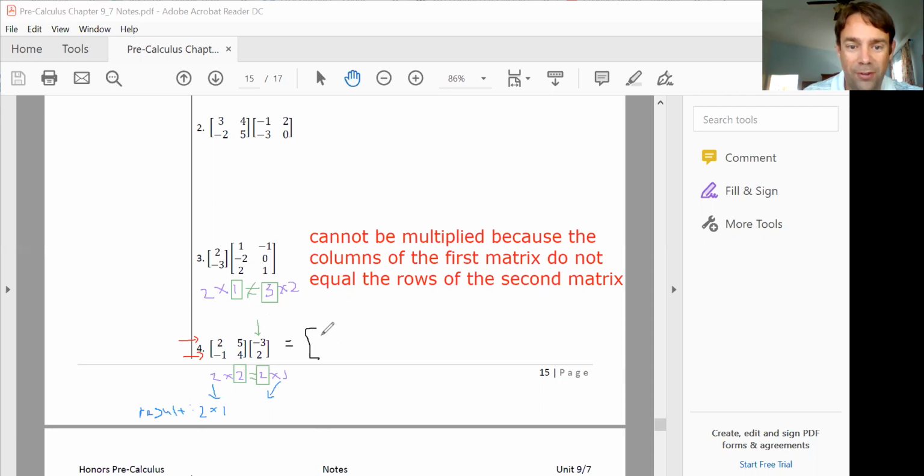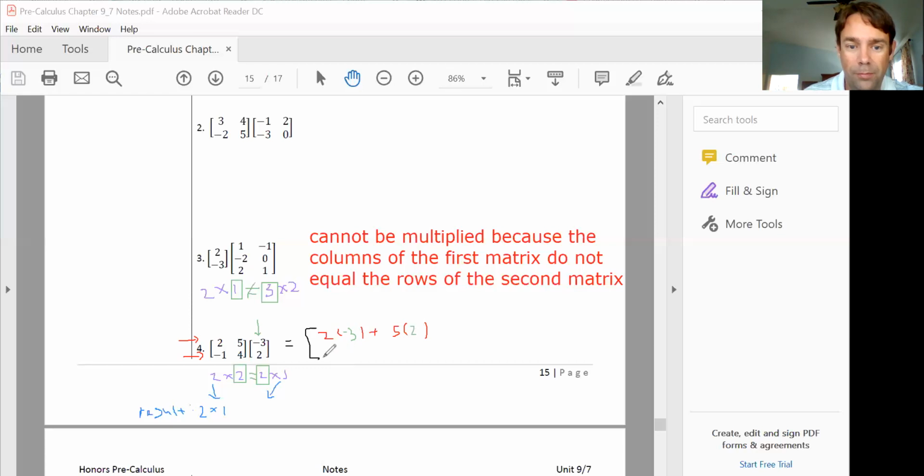Okay, so first row times the first and only column. So -3 and 2.